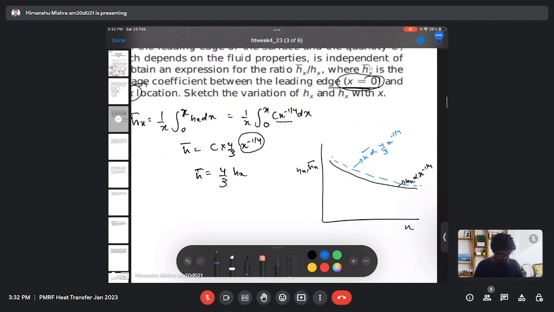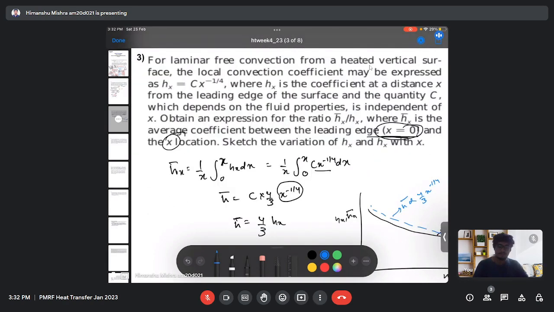So these are simple problems where we are given the local heat transfer coefficient, and we just need to find the average heat transfer coefficient. So we just integrate from 0 to x or some L location, and after integration, we get the average heat transfer coefficient relation.